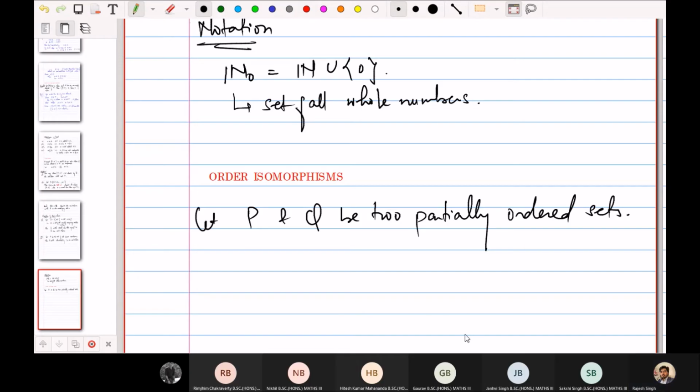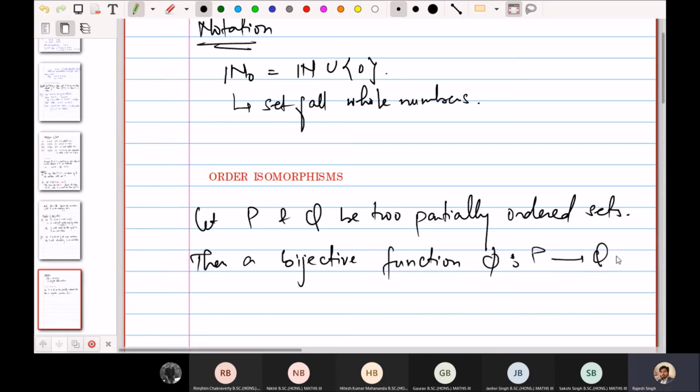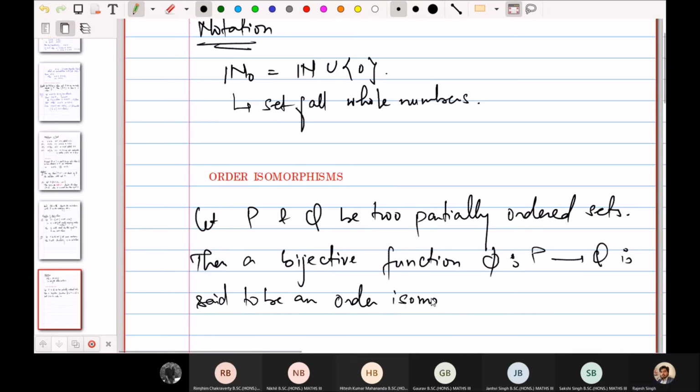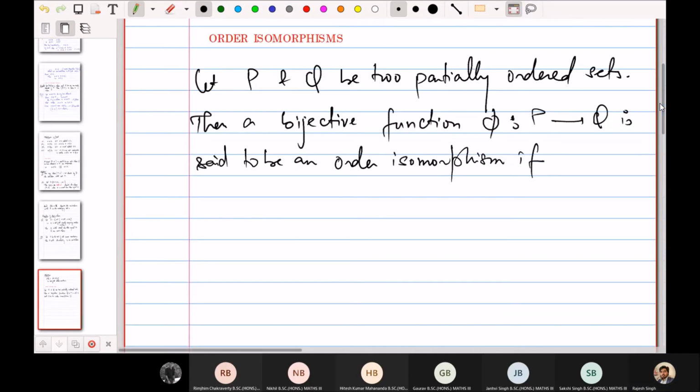Then we say a function, a bijective function phi from P to Q is said to be an order isomorphism if phi is order preserving. ठीक है.